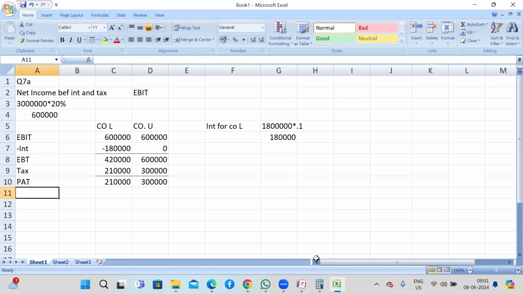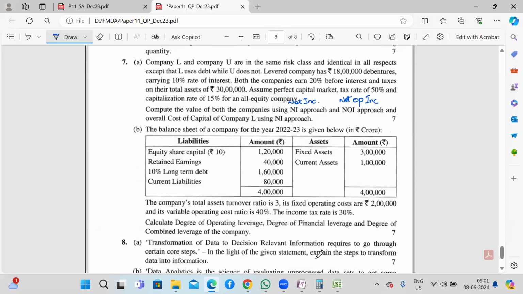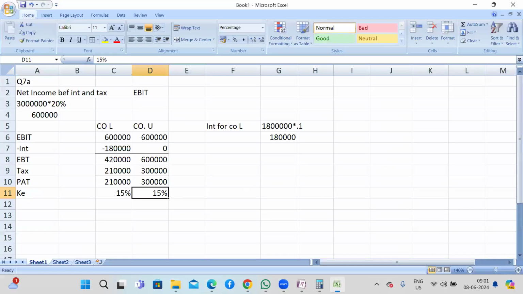Now, KE is 15%. They have given the capitalization rate as 15%. Then for the NI approach, I will be calculating based on earnings after tax.